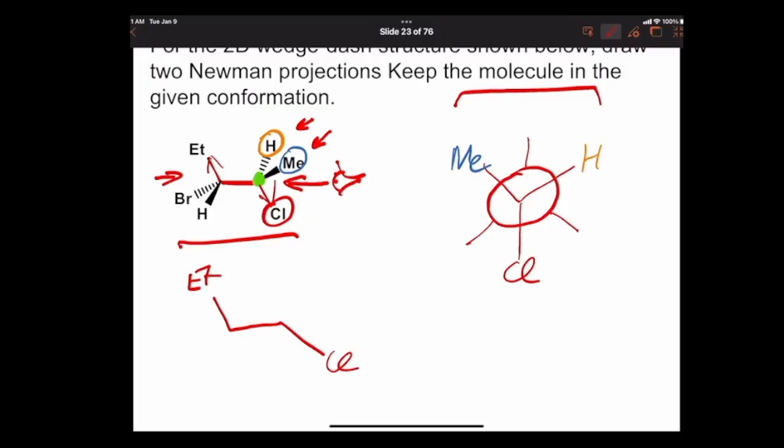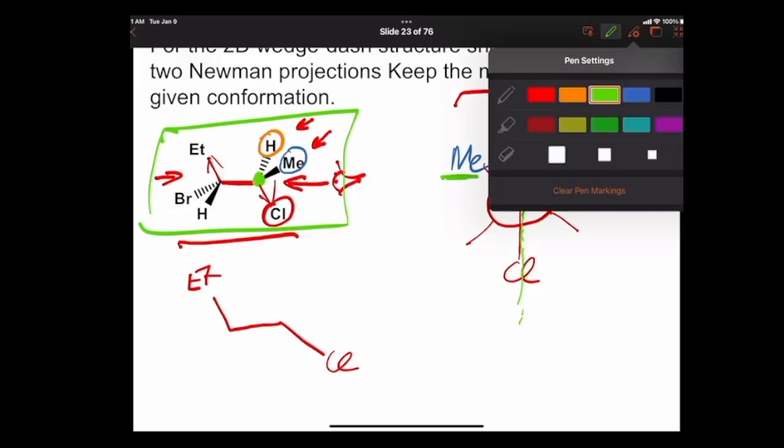This plane of the page, when I'm actually over here, that plane is right here. We've picked up this molecule, we've ended it on its side, and I've now bisected. The plane used to be right through the middle of it. So when I'm looking at Newman projection, what used to be the plane this way is now standing straight up and down here. Which means anything on one side, if it used to be on one side, it's still on that same side. Methyl was up. What else is up on this back carbon behind it?